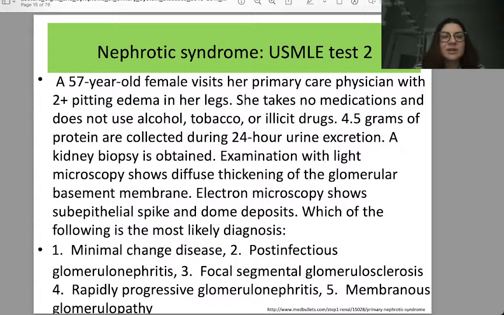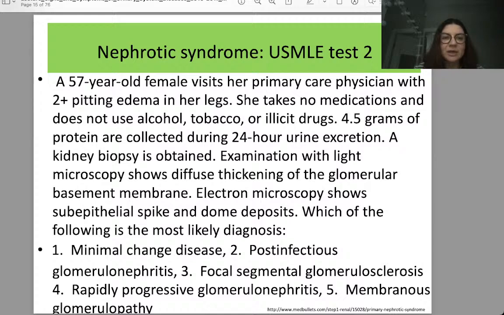A 57-year-old female visited her primary care physician with intensive pitting edema of her legs. She takes no medications and does not use alcohol, tobacco, or illicit drugs. 4.5 grams of protein are collected during 24-hour urine excretion and a kidney biopsy is obtained.